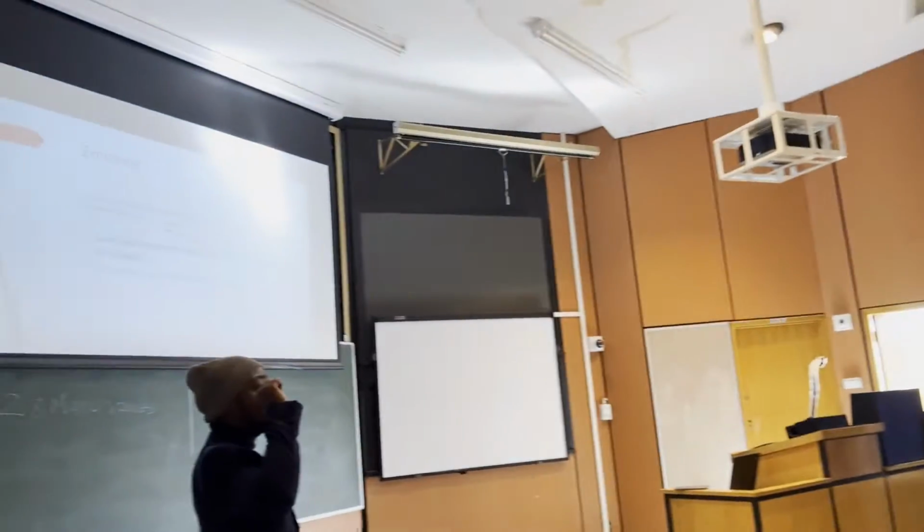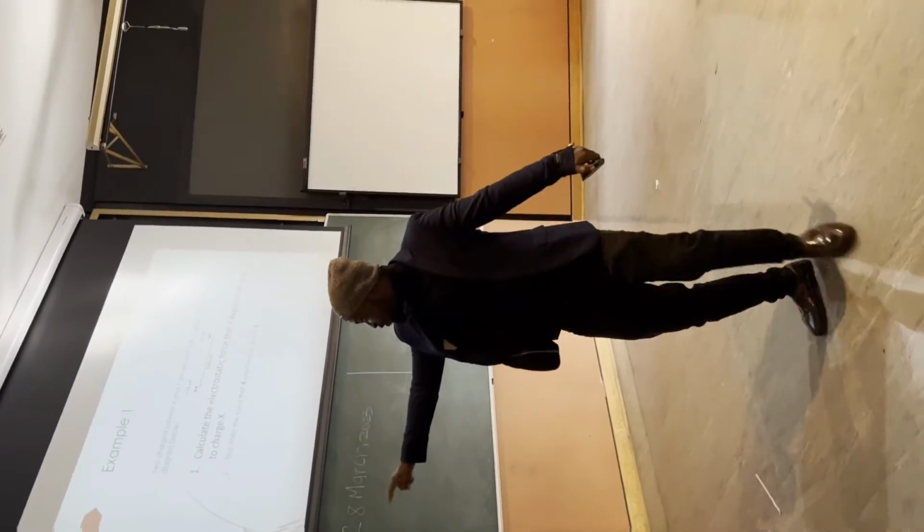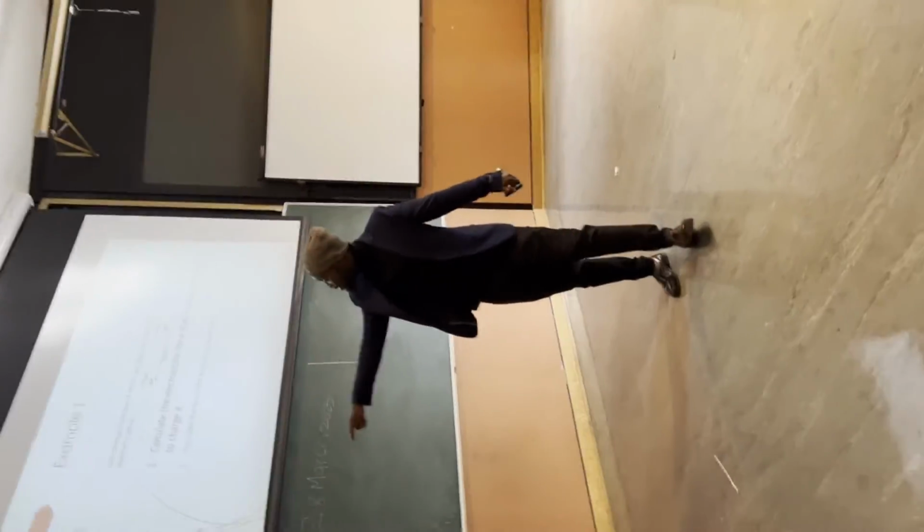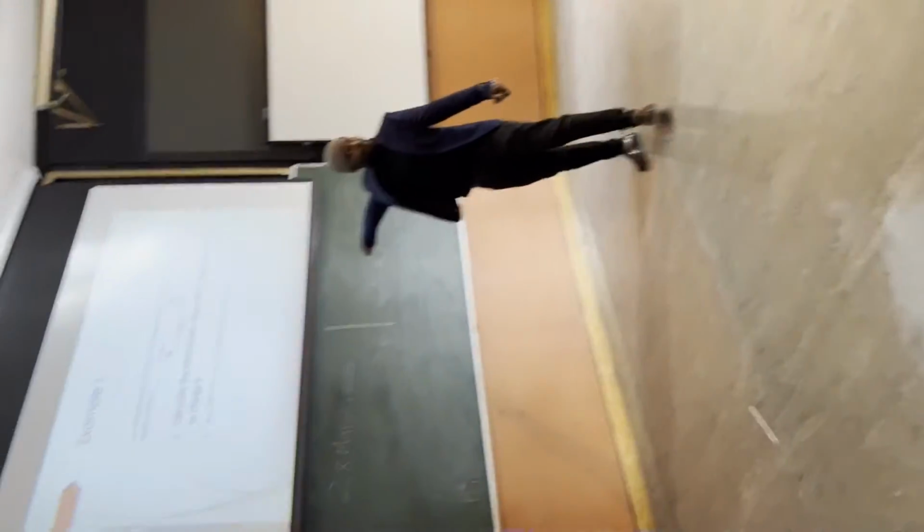So the force that these two charges experience is the same but in opposite directions. So X is going towards Y, and we would say 5.63 times 10 to the minus 16 towards Y.